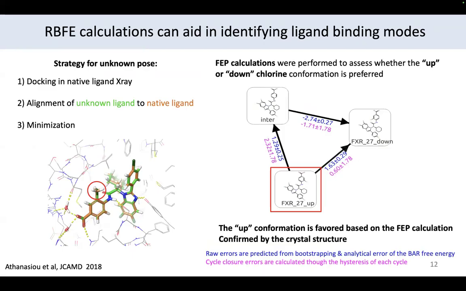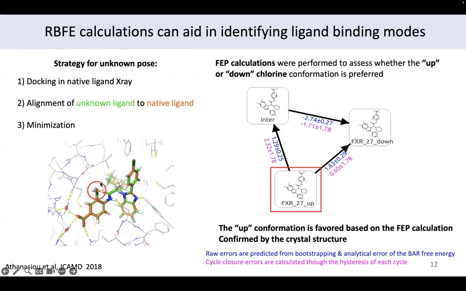These relative binding free energy calculations can also aid in identifying ligand binding modes. So we devised a strategy for that. First, we dock in the native ligand X-ray structure. We align the unknown ligands, not with docking, but with maximum common substructure.